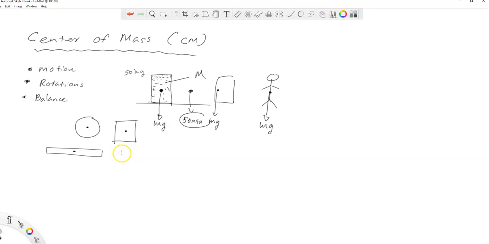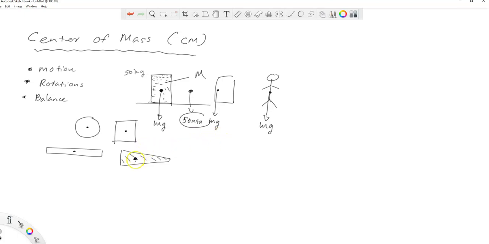If it is something not that regular, like a triangular-shaped object, it will not really be the center, but closer to the wider side, right? Intuitively, you can make an educated guess.